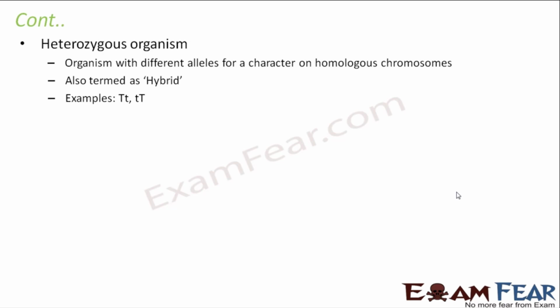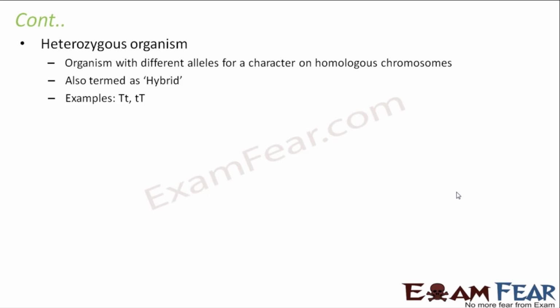It is an organism with different alleles for a character on homologous chromosomes, because only for homologous chromosomes will both the chromosomes correspond to the same character, right? So what is the character which we are talking about? In the case of these plants, we are talking about the height.